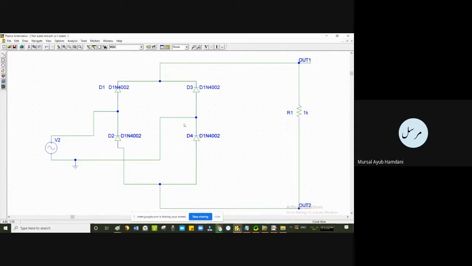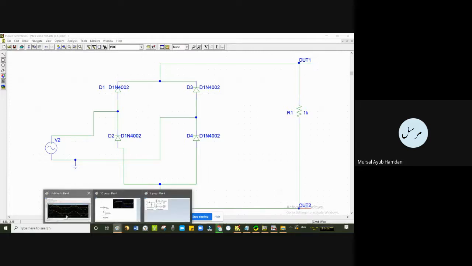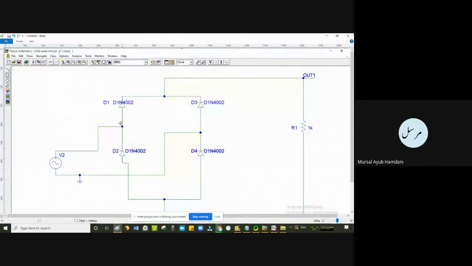Okay, now let us discuss how it works for the positive half cycle. Here it will be positive.